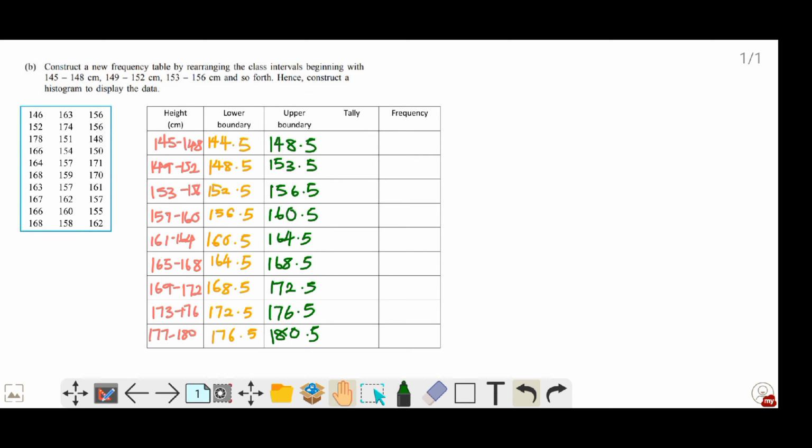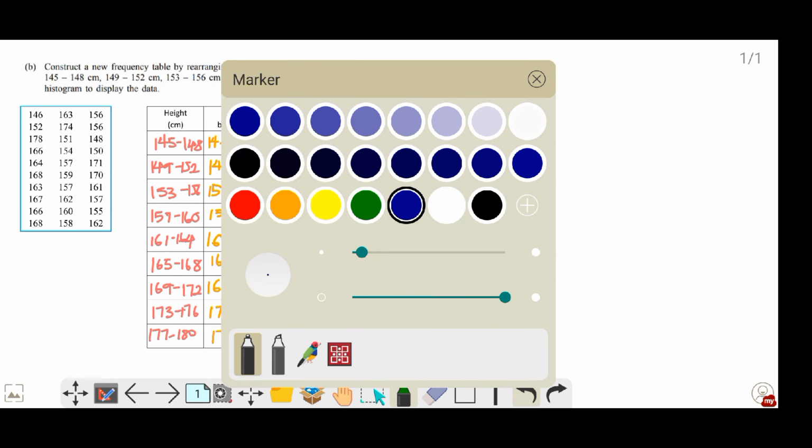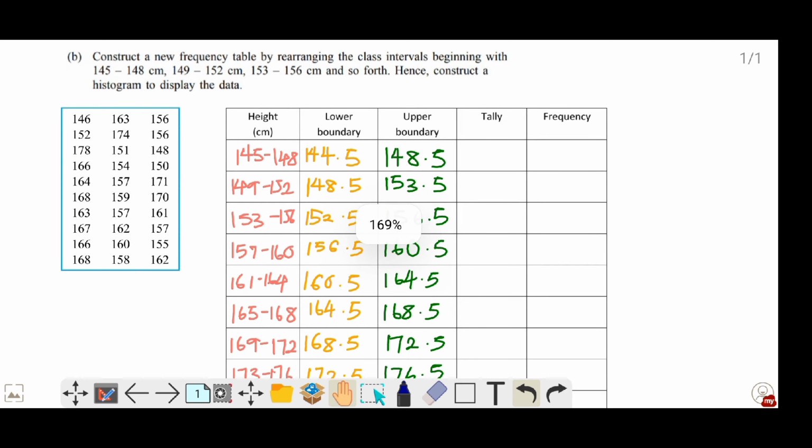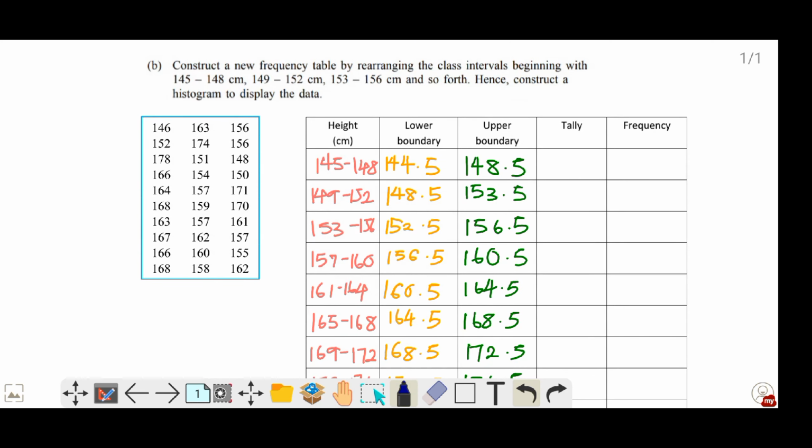Next, tally is actually the same as frequency, and what makes it different is that for tally we draw the stick ones, and for frequency we just write the number. Okay, for example, we can actually determine the frequency for each class just by looking at this data.